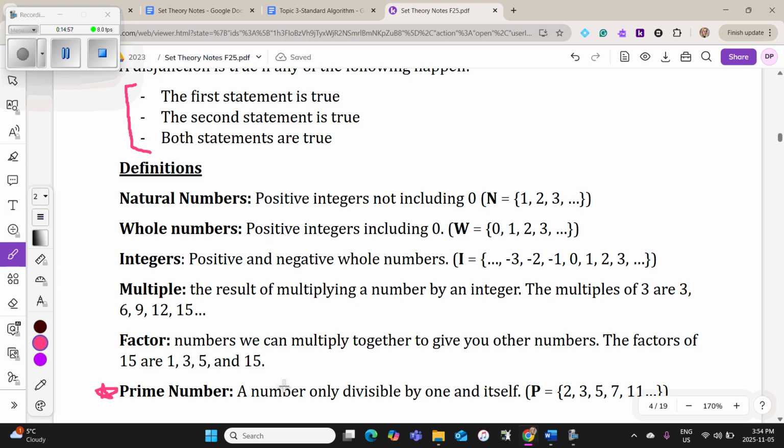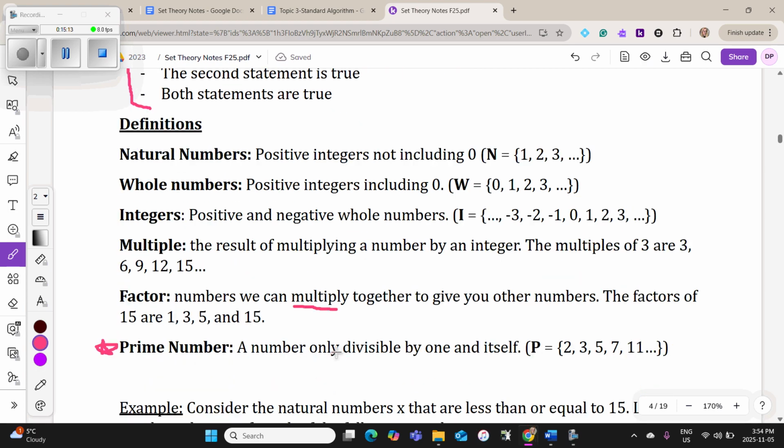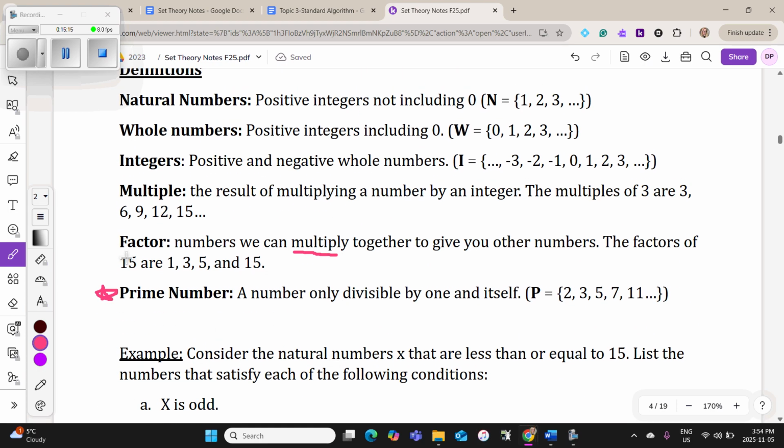Okay, multiples are what we get when we skip count. So if I say to skip count by 3 and you go 3, 6, 9, 12, 15, those are all multiples of 3. Factors are the numbers that you multiply together to give you the other numbers. So when I talk about the factors of 15, 1 times 15 multiplies to 15, and 3 times 5 multiplies to 15.